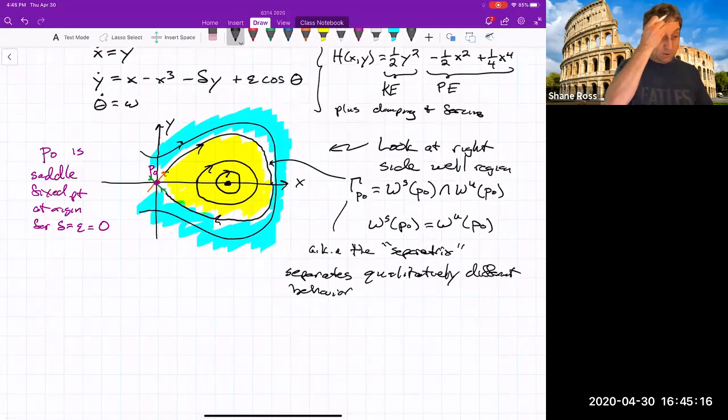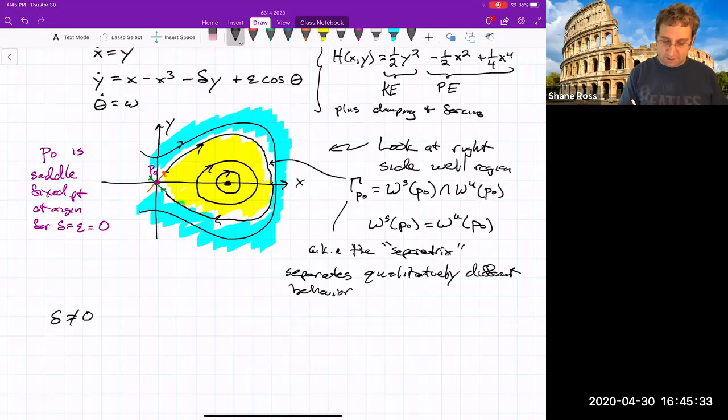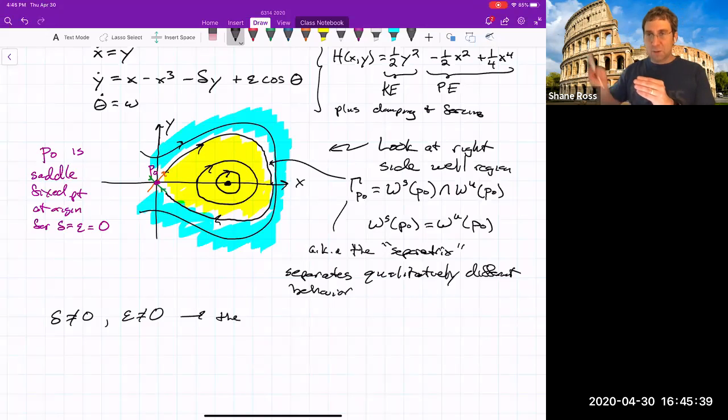What we will talk about next time is we'll embed this in the extended phase space to look at the time element, and then turn on damping and turn on forcing and see what happens. What we will find is that when damping's not 0 and forcing's not 0, this separatrix, instead of meeting back up, breaks.